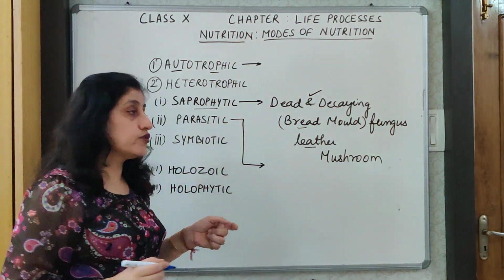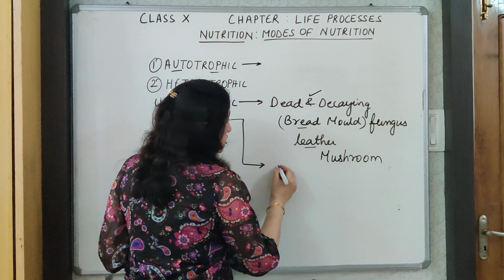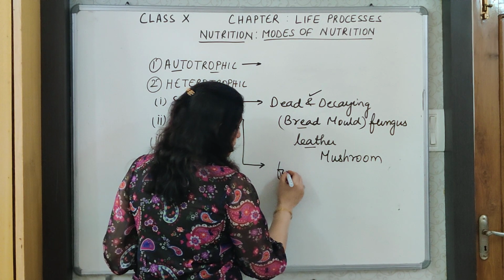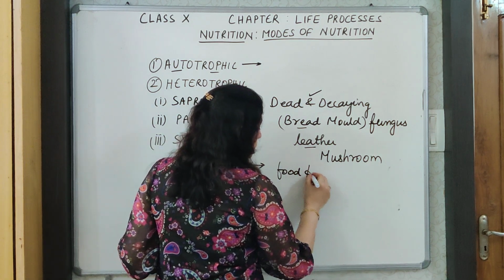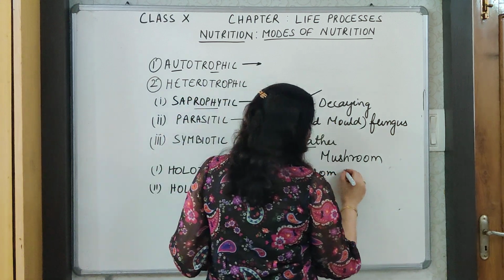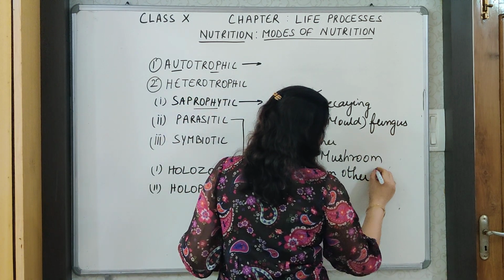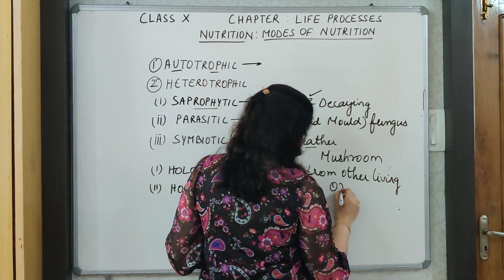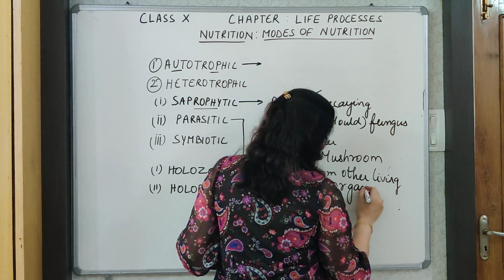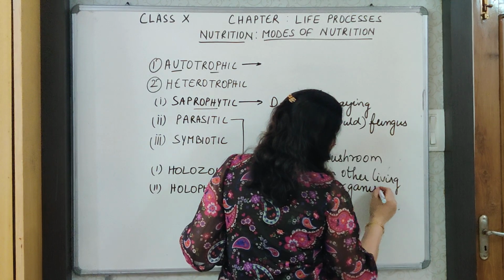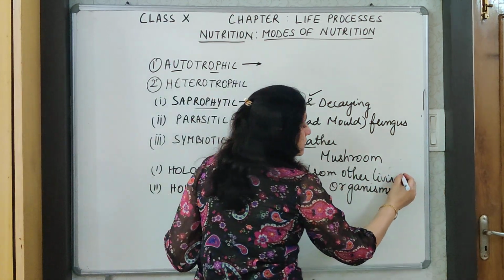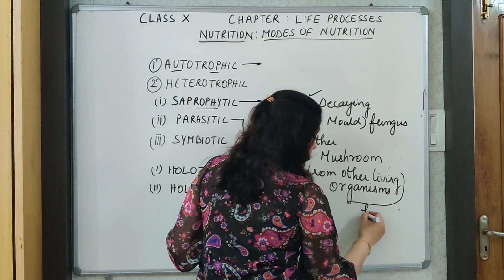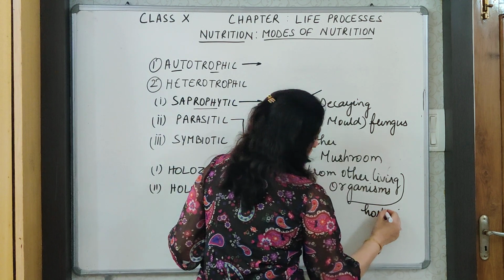Next is the parasitic mode of nutrition. This is the type of nutrition in which organisms obtain food from other living organisms, and the organism from which they obtain food is called the host.